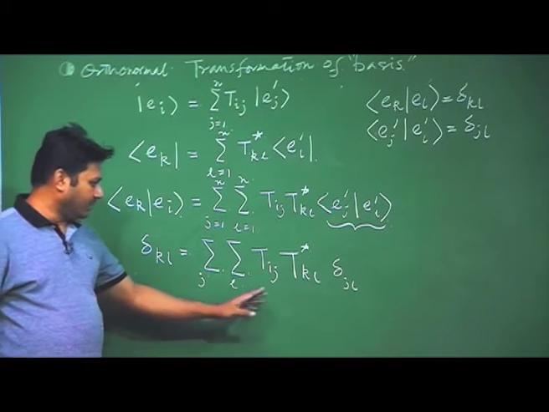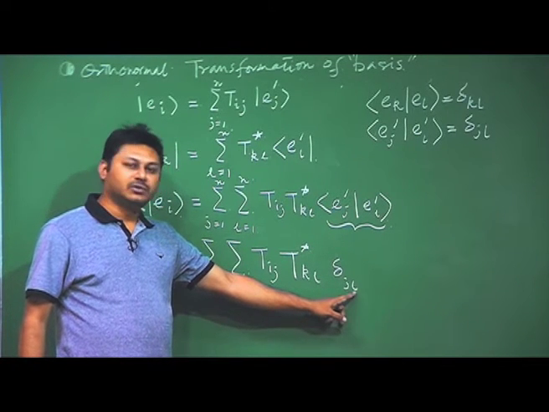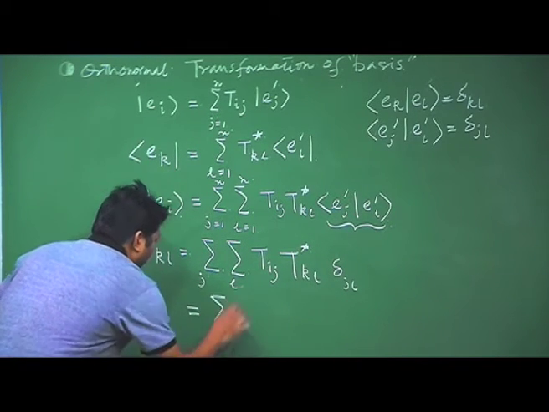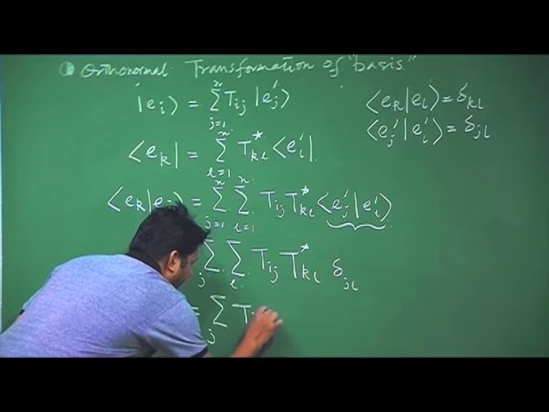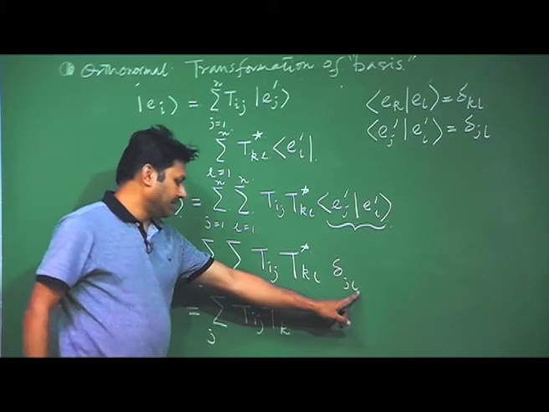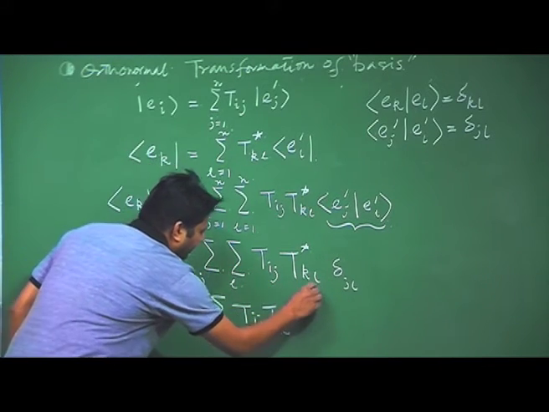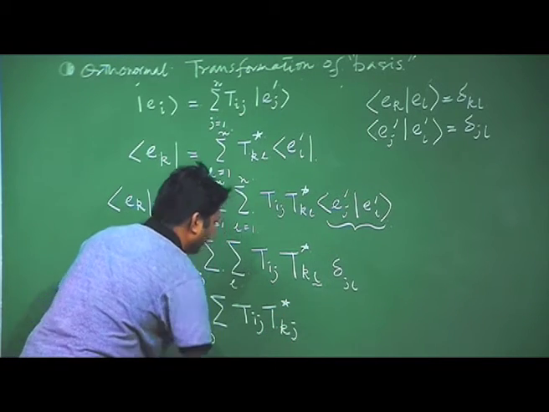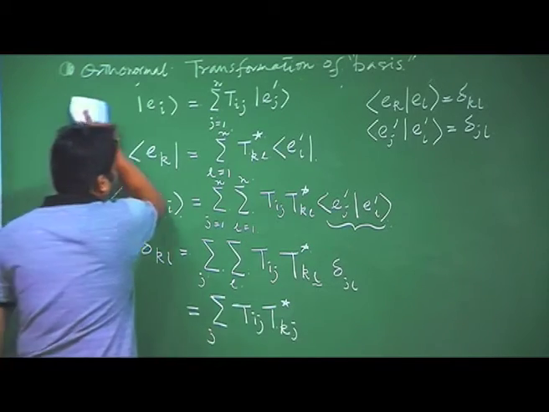So when l is equal to j, only this quantity will be 1, otherwise it will be 0. So I can remove this summation and I can write Tij Tkl, where l is j, only this term will survive. So I replace this l with j with a star. So I will have this. So let me write this equation here at the top.